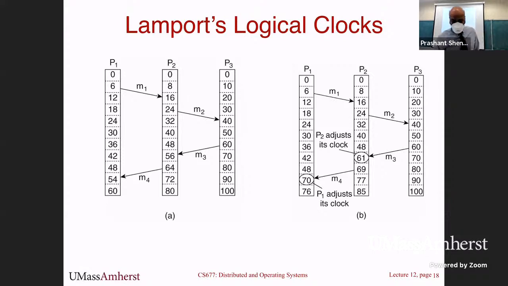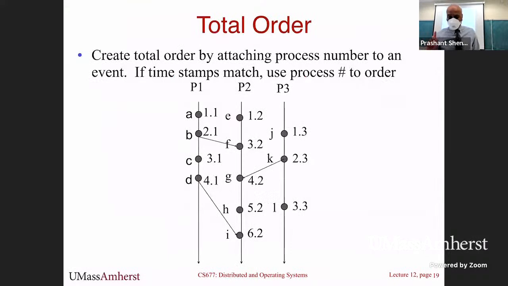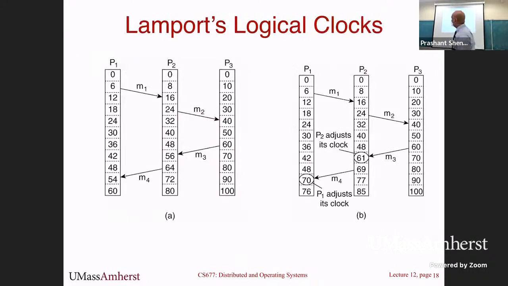Okay, so now let's look at vector clocks. But before we do that, I just want to mention a couple of small things. In Lamport's clocks or logical clocks, when you have two events that are concurrent, you cannot assign an order to them. Okay, so for example, we have some events there which are before the sending of any message.